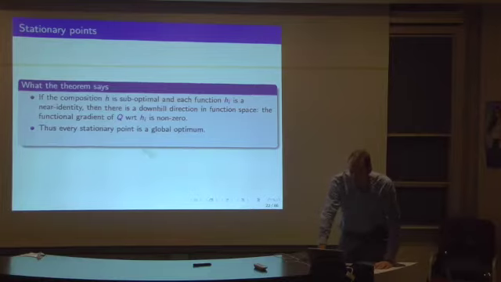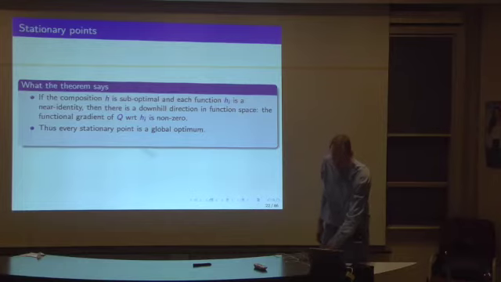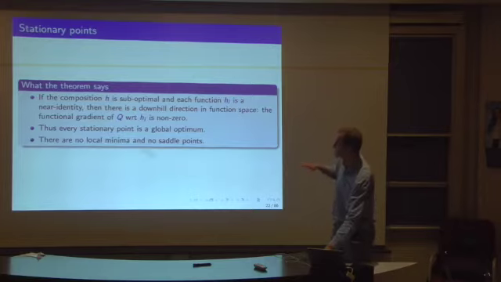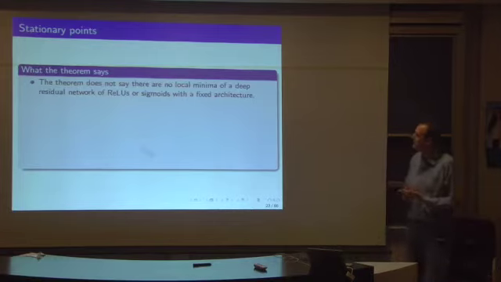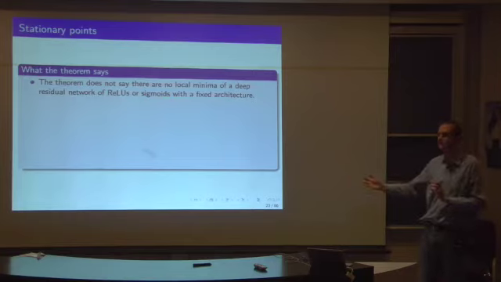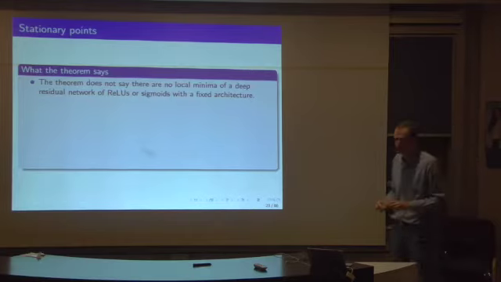Okay, so every stationary point in this functional derivative sense is a global optimum. Again, it's just a first order condition for optimality. It doesn't say that you don't get local minima if you fix a parameterization and work with a network of rows or something for each one of these H_i, identity plus some restricted family of functions.